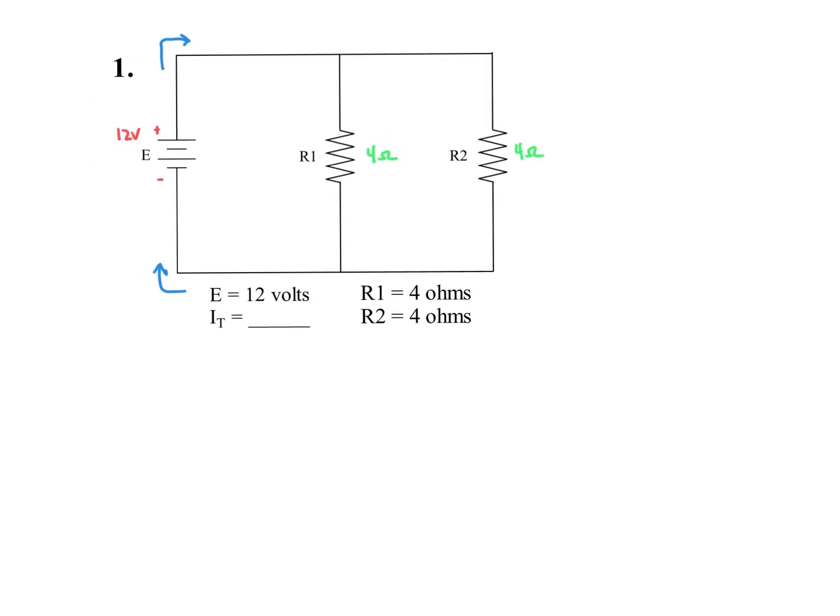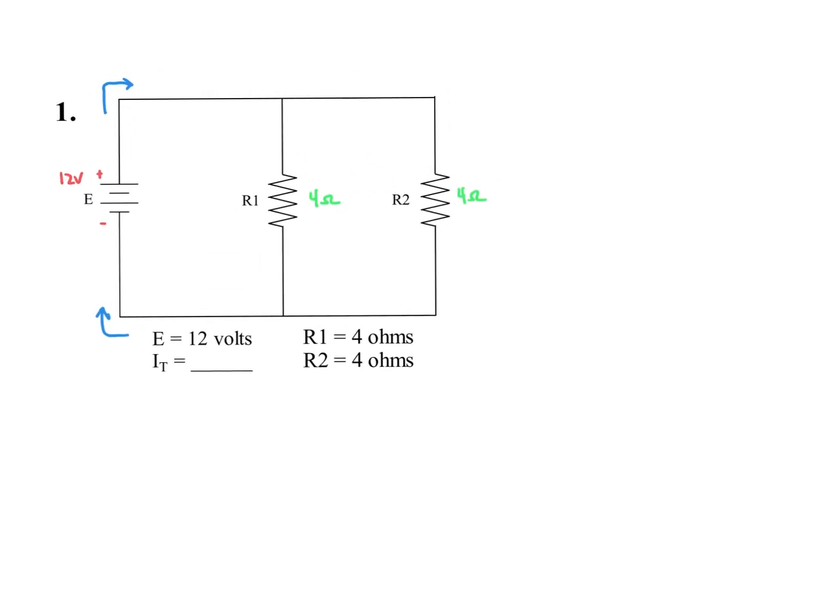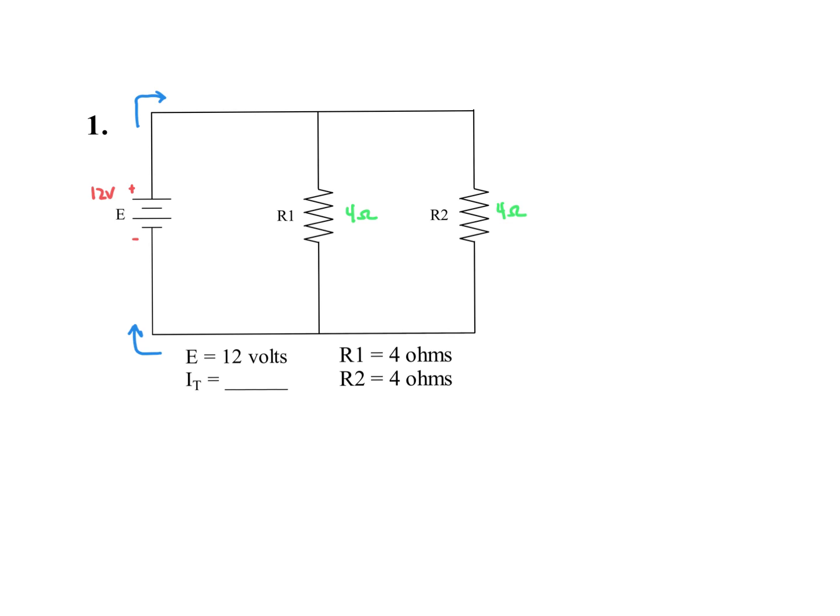So typically what we try to do, sorry, I moved the screen a little bit. I'm going to write this out. 1 over RT is equal to 1 over 4 plus 1 over 4. So 1 over RT is equal to 0.25 plus 0.25, right?